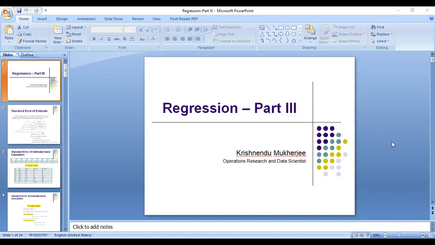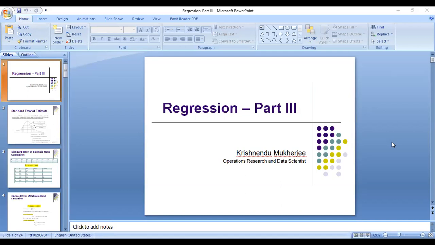Now, coming to regression, it is supervised learning, and at the same time, it has the input column, that is the independent column, as well as the target column. In the target column, you will get a continuous variable instead of a discrete variable.